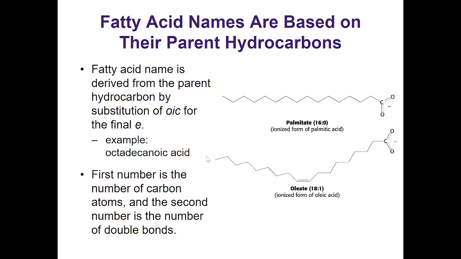The first number is the number of carbon atoms, and your second number is the number of double bonds. And so right here we have palmitate. This is the common name for that chain. This would be palmitic acid, which is again the derivation of the common name for the carboxylic acid group right here. Okay? Fantastic. Does anybody have any questions about that so far?